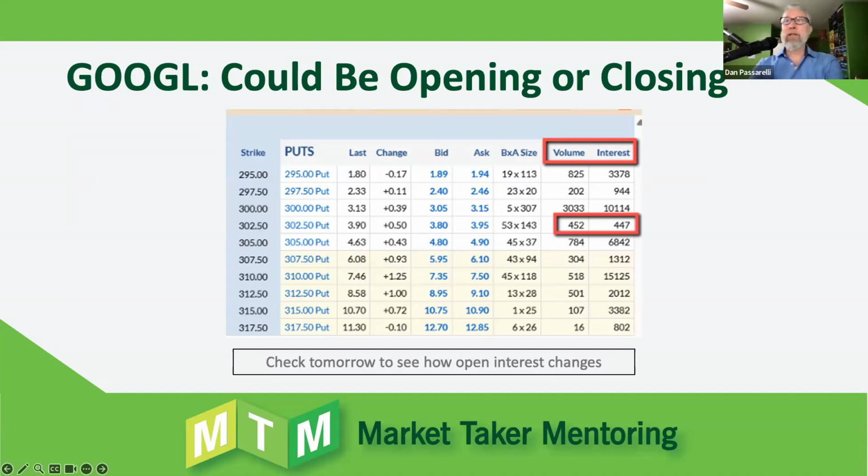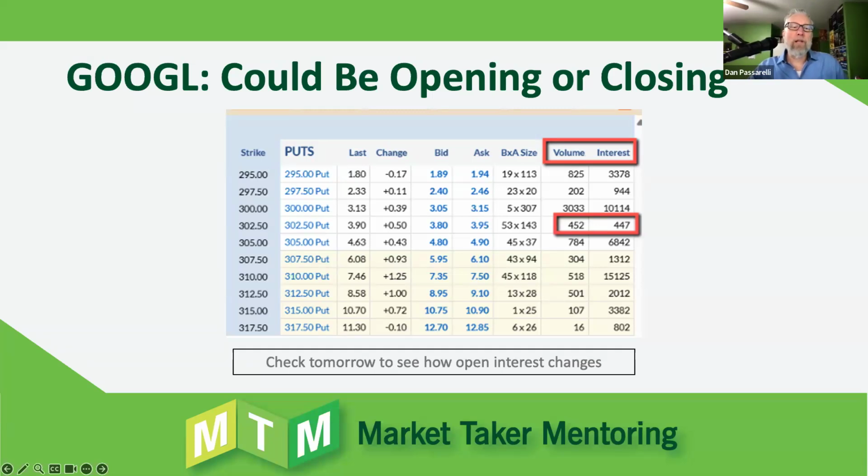Just type opening or closing. Or you can type O or C if you just can't muster up enough energy to move all of those fingers. Well, we have some good guesses here.